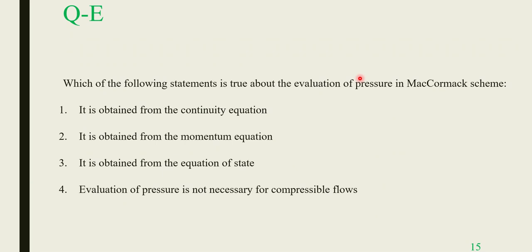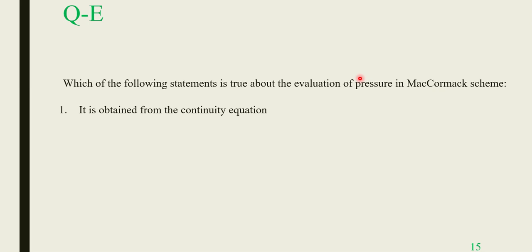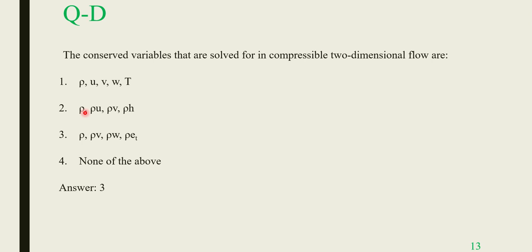So basically in the last statement itself we saw what are all the variables that are solved for when we are dealing with the compressible equation. Since the explicit McCormick scheme is solving for compressible flows, the variables initially solved are rho, rho u, rho v, rho w, rho et. There are no pressure terms in this.